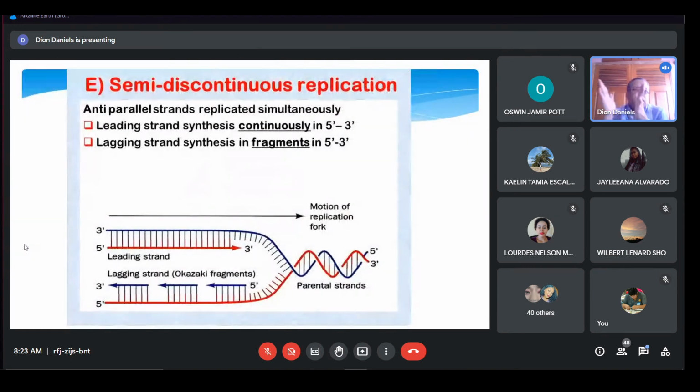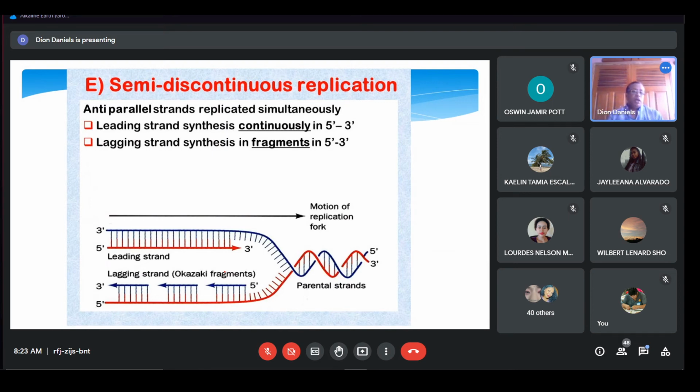All right, so semi-discontinuous replication. This was what I explained earlier. In that first example that I used, we noticed that the strand at the bottom was the leading strand, but take note of this diagram that I have here.